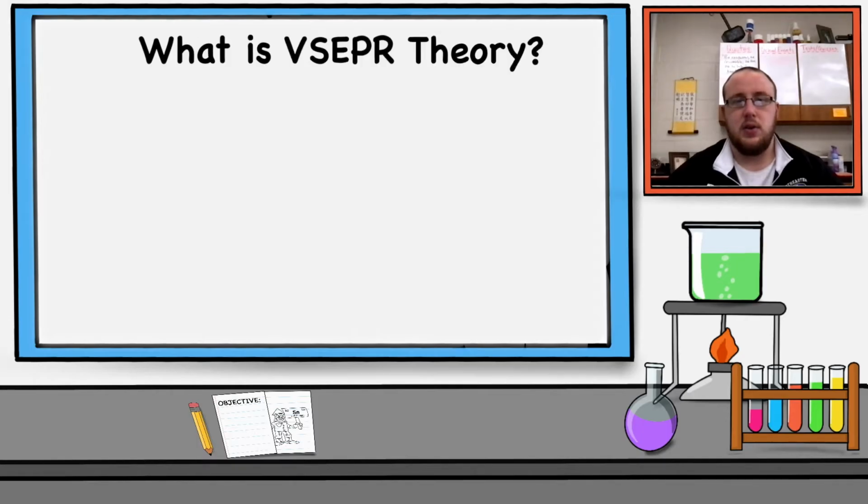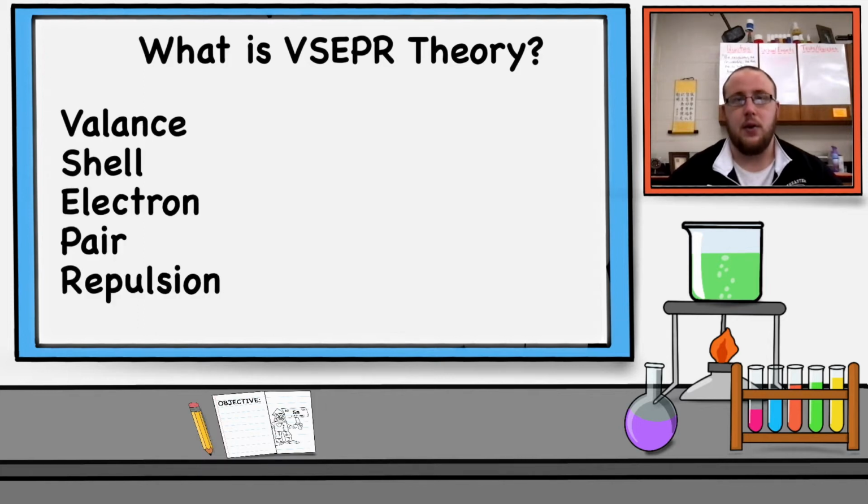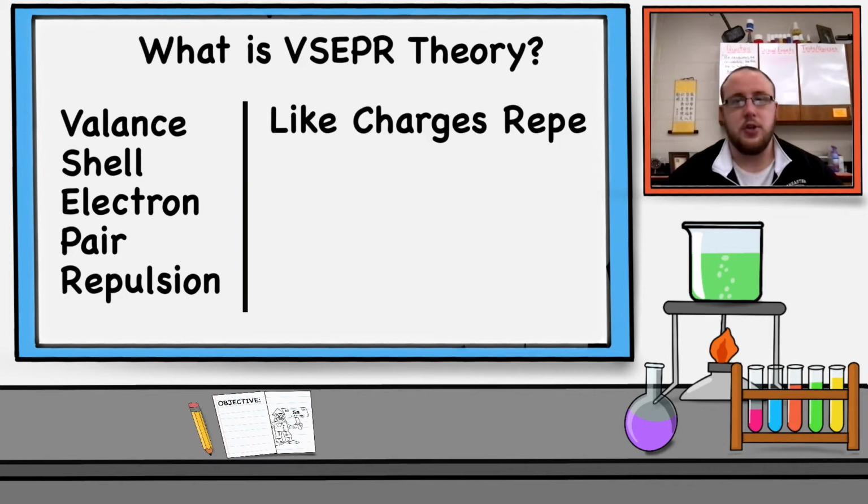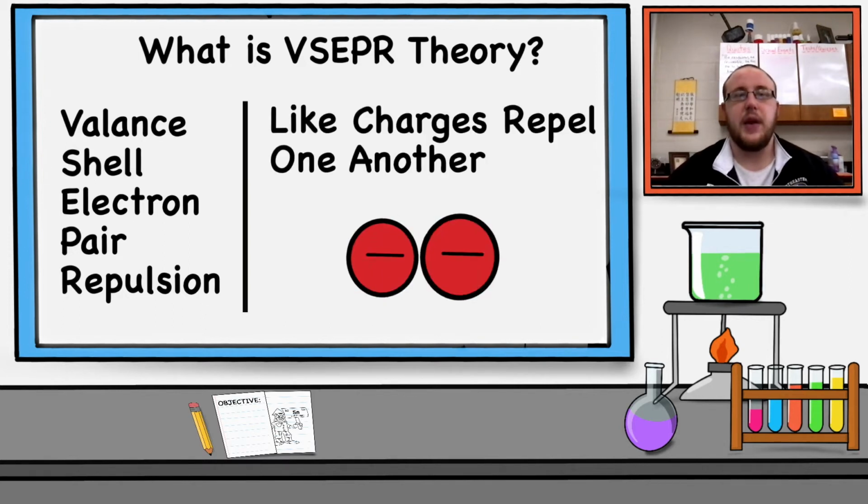Since the lecture is going to be centered around VSEPR theory, we might as well know what VSEPR stands for. VSEPR stands for valence shell electron pair repulsion. This theory is centered around the concept that like charges repel one another. Since valence electrons are negatively charged, the valence electrons of one atom will repel the valence electrons of another atom because both of them have a certain amount of free negative charges.